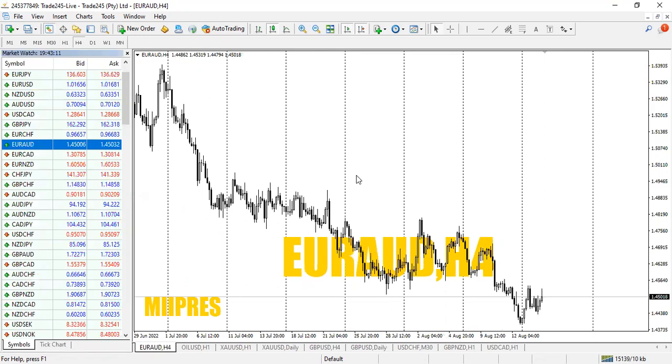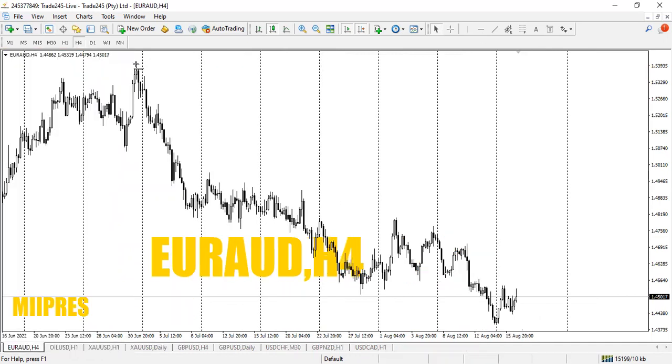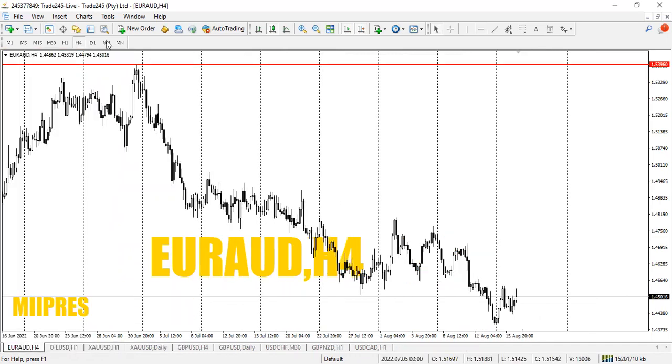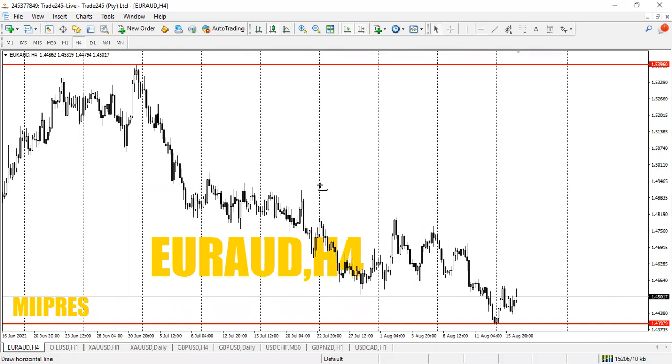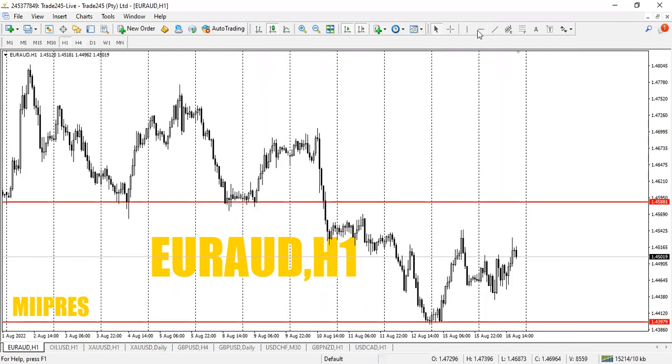So if you take a look at Euro AUD, this is the highest and this is the lowest on the 4-hour. In between, you can see this has been dropping. If you zoom in to the smaller time frame, these are the levels where you want to trade it.